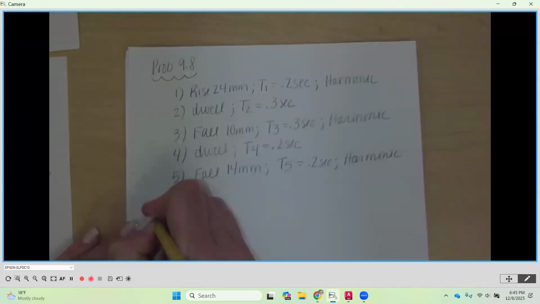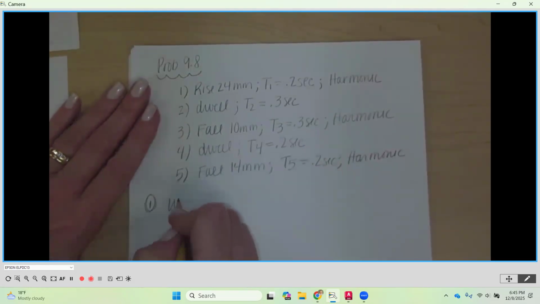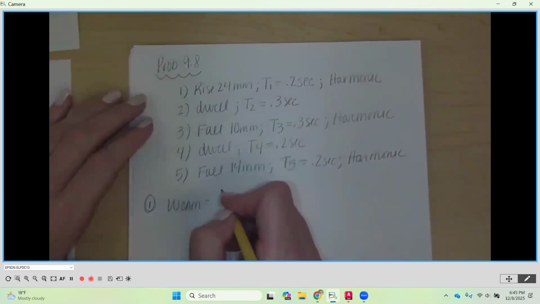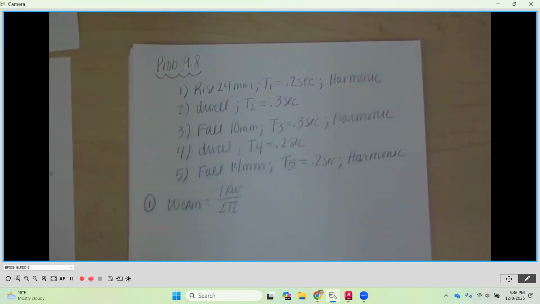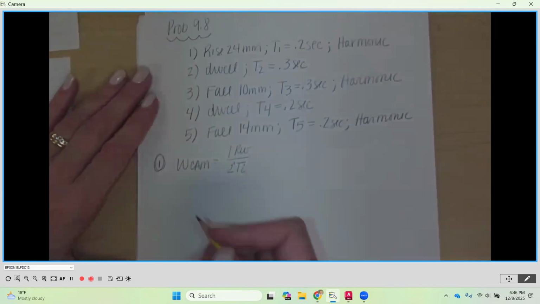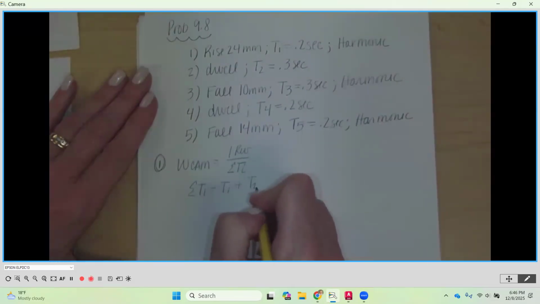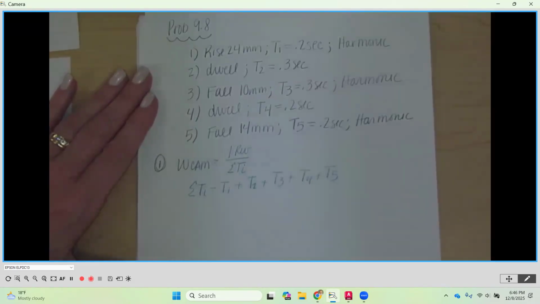So step number 1, let's do our angular velocity of our cam right away. We kind of need it for the betas, but I like to get it out of the way. W of the cam is 1 revolution per the total time for 1 revolution. The total time is T1 plus T2, T3, T4, and T5.